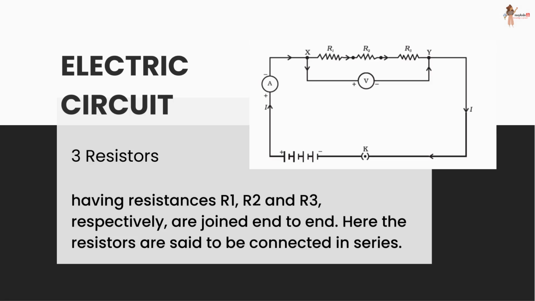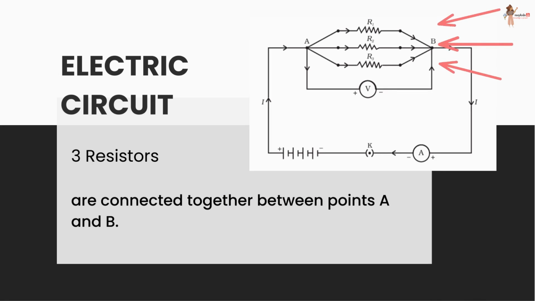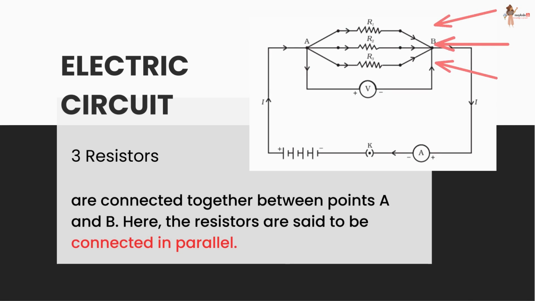Here is an electric circuit in which 3 resistors having resistances R1, R2 and R3 respectively are joined end to end. Here, the resistors are said to be connected in series. Shown here is a combination of resistors in which 3 resistors are connected together between points A and B. Here, the resistors are said to be connected in parallel.